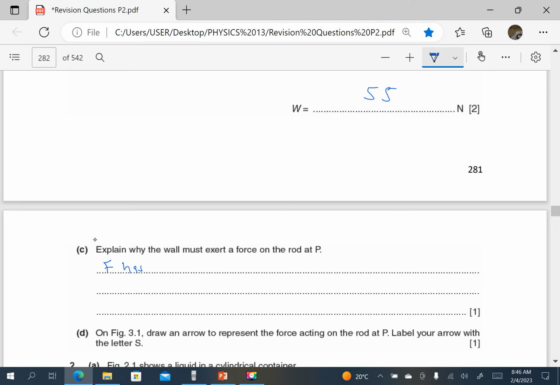So we are saying F has a horizontal component which is not balanced by W. So there must be a force on the rod to balance this component.